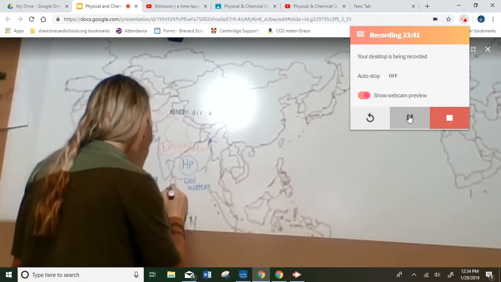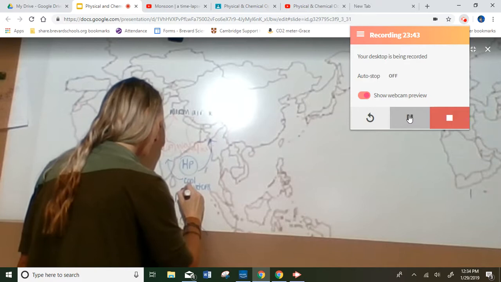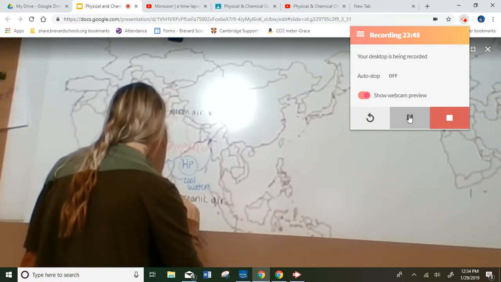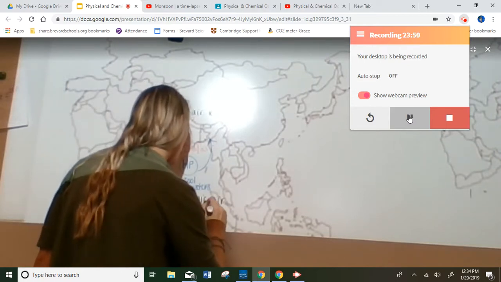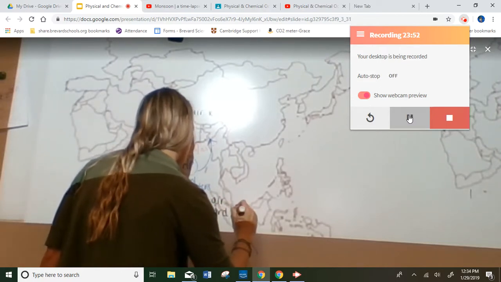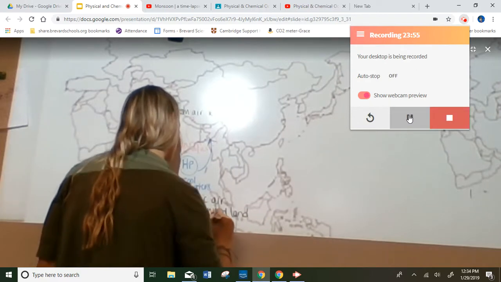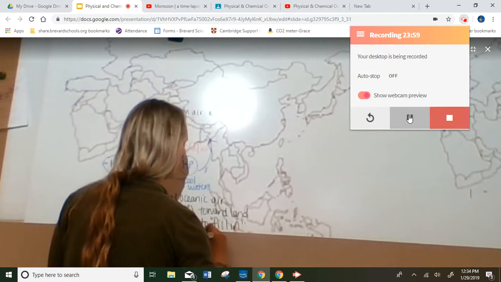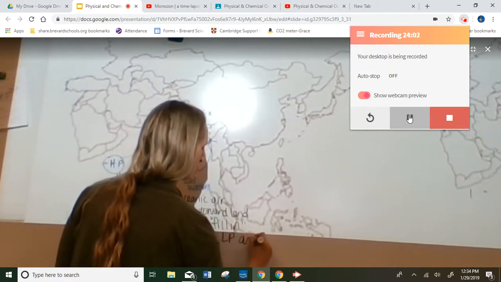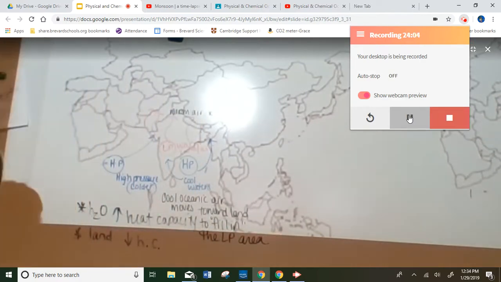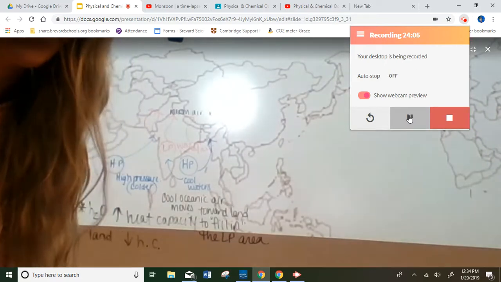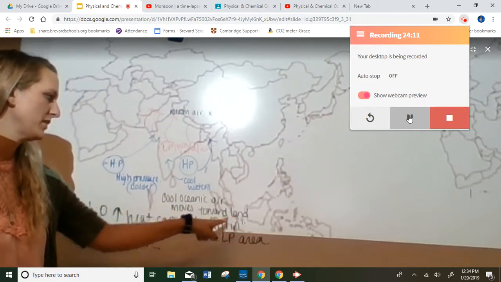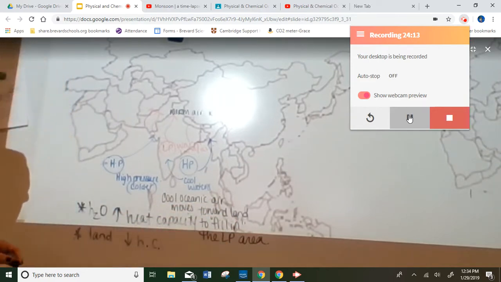Over here, cool oceanic air moves toward land to fill in the low pressure area where the gases have left. So cool oceanic air moves toward the land to fill in the low pressure area.